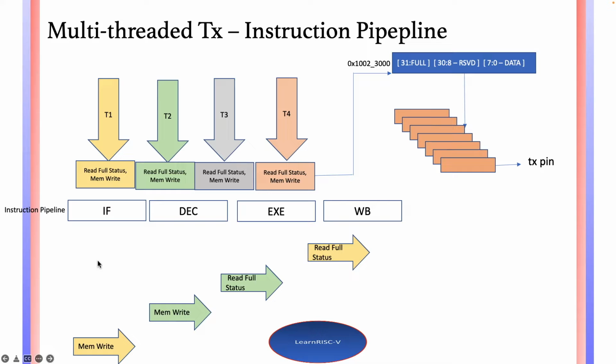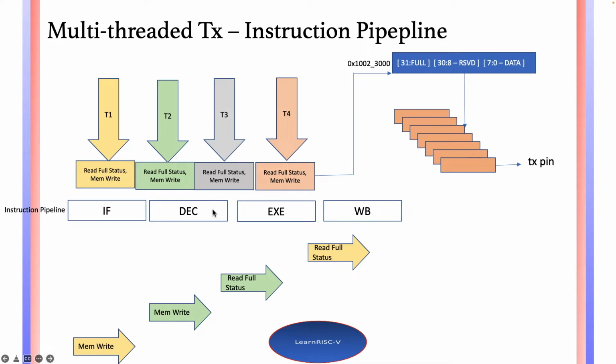So it's very common that most of the threads would be accessing UART very frequently. Each thread, as I broke it before, let's break that function into read full status followed by a memwrite. So that would be a sequence of these instructions from each of these threads, and this has to be fed into the pipeline.